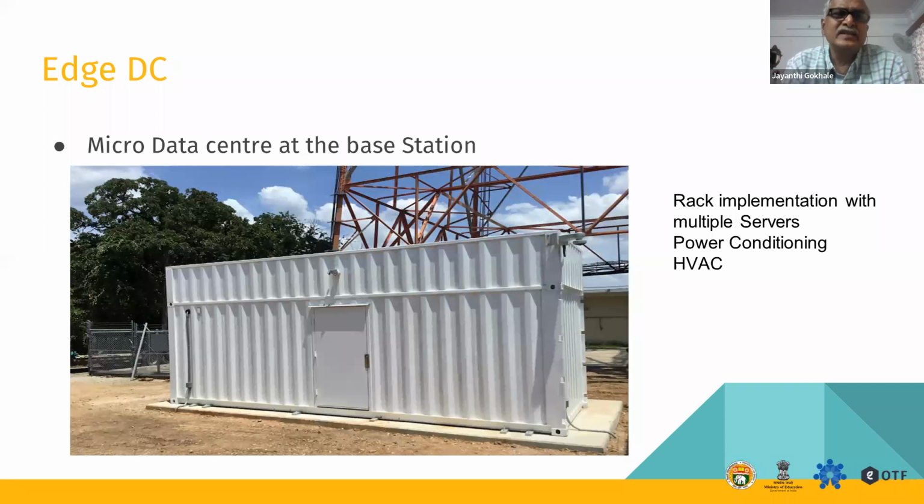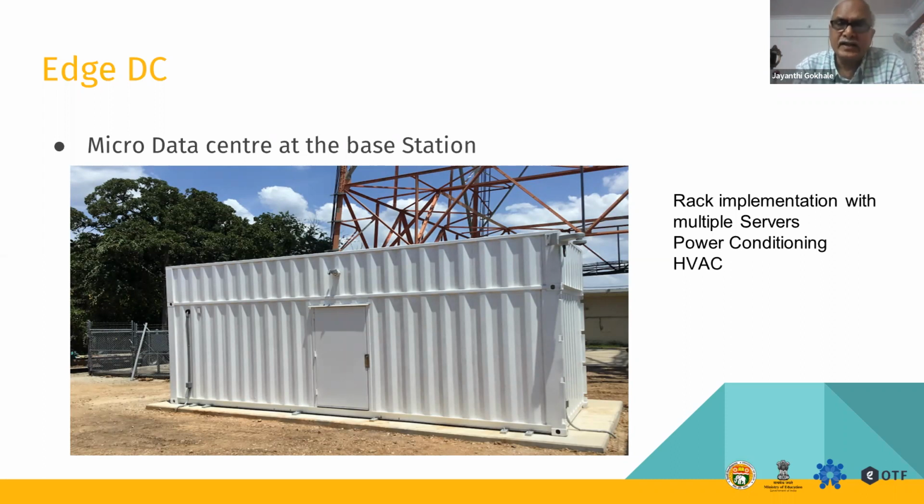So this is how your edge data center typically could look. Normally it is a sort of a container. When I say container, not the Kubernetes container, but essentially a physical container. And this is one rack that gets implemented internally. It could be one rack or two racks, or maybe multiple sets of racks. And each rack could be a 42U rack or 24U rack, depending upon the configuration that you require.